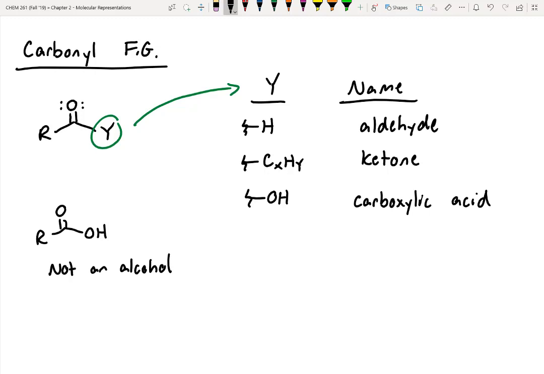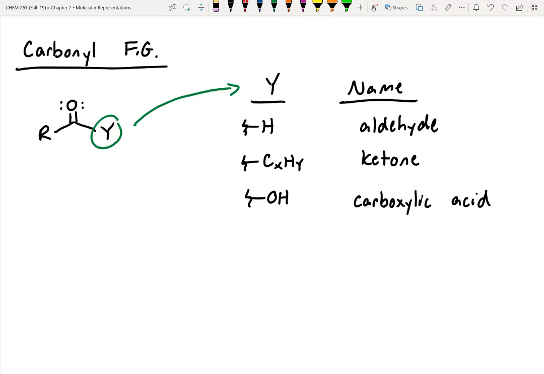We want to be as specific as possible when we're describing things in organic chemistry. The more accurate way of describing this whole group is to call that entire group a carboxylic acid, not an alcohol. That's more descriptive about what's going on. So make sure you're descriptive when naming things.